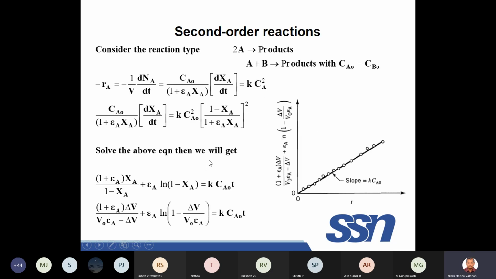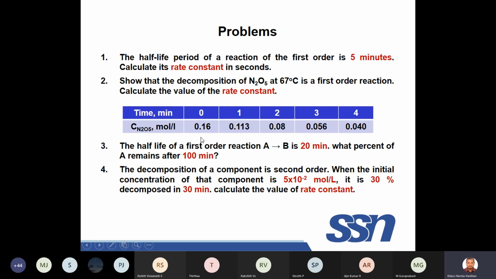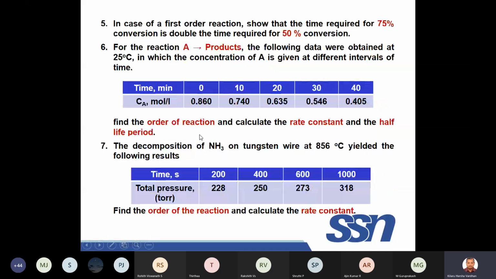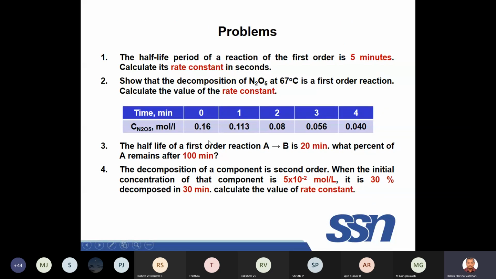Like that you can do for second order reactions. It becomes very difficult because you get a square term now. It's not that easy again because you get one extra term in the denominator. Try to do zero, first and second order, right? In the next class, we'll do some problems. With this, we completed the entire unit, in one class.